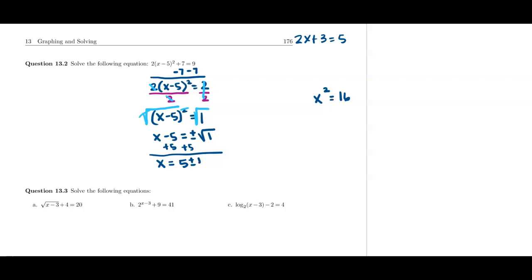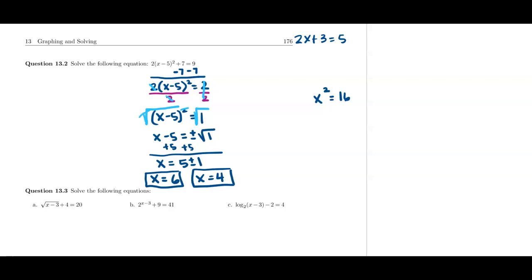So we have x equals 5 plus or minus 1. Remember, this is 2 different answers: x equals 5 plus 1 is 6, and 5 minus 1 is 4. So 6 and 4 would be my answers for that question.